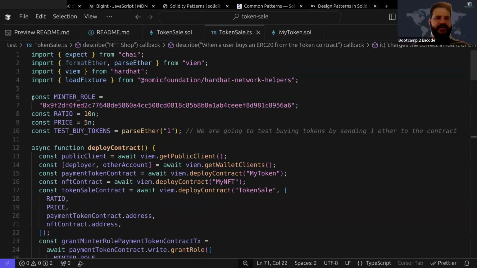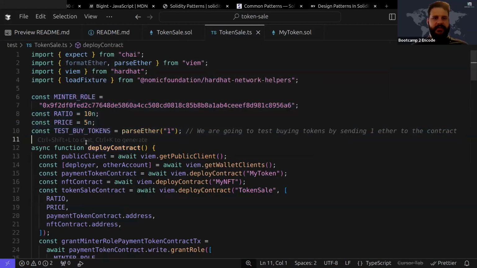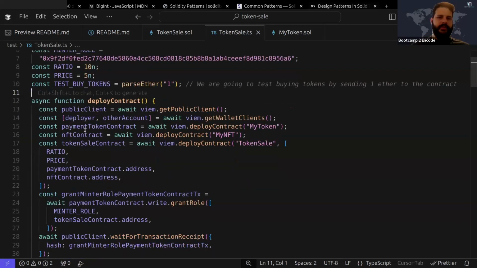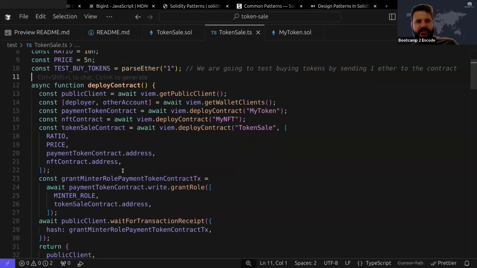The top here is those consts, and then we have this deploy contract. Yeah, so we don't need the minter role in the line 6 anymore, right? You can have it hard coded here in the line 6, or you can get it on the fly inside the deploy contract.